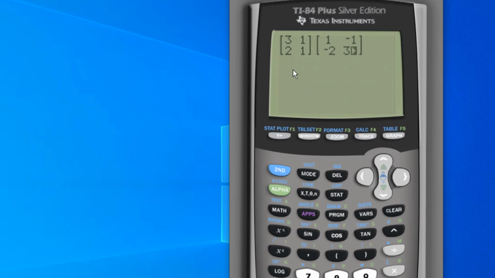If I hit enter, these two get multiplied using the rules for matrix multiplication. Okay, this is your identity matrix. Any identity matrix has ones along this diagonal right here and 0 everywhere else. So there you have it.